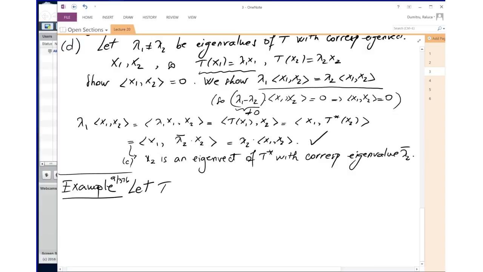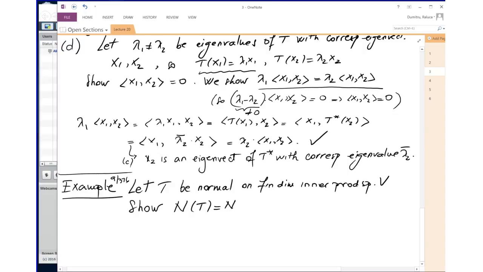So let T be a normal operator on a finite dimensional inner product space V. Show that the null space of T and the null space of the adjoint are one and the same.